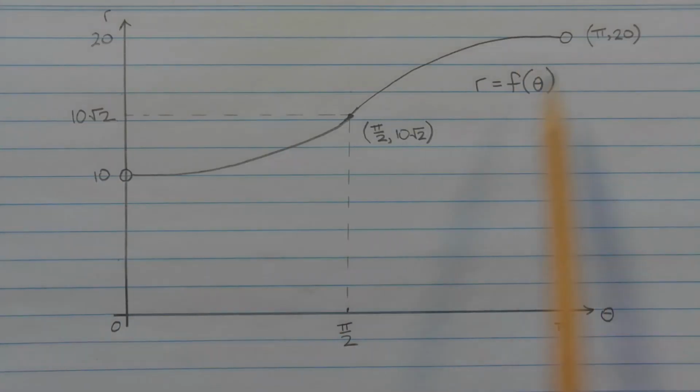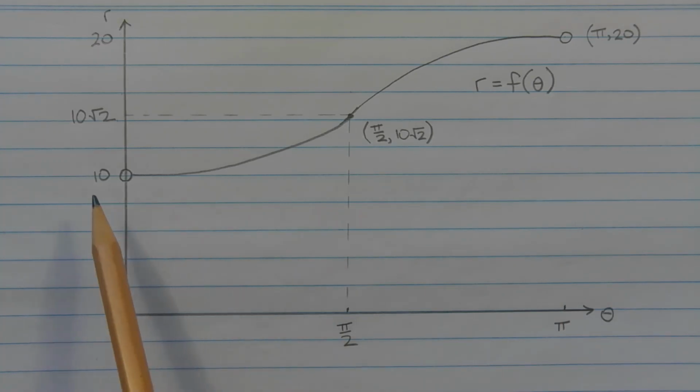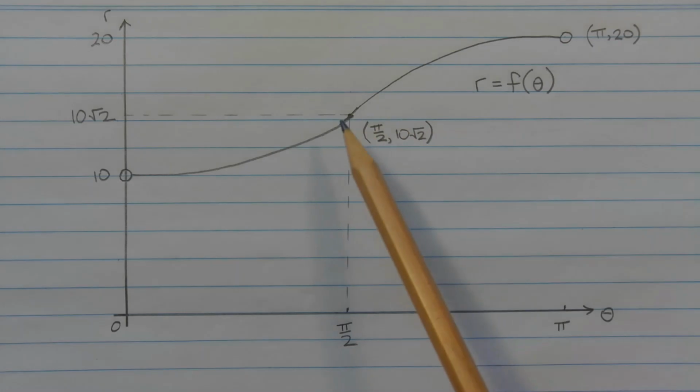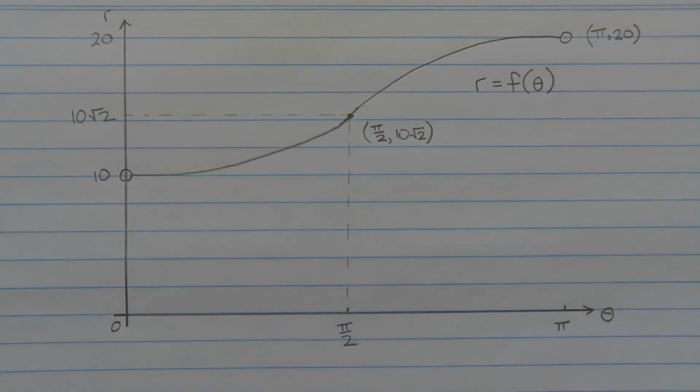Here is a sketch of the graph of the piecewise function r equals f of theta. Now, from theta between 0 and pi over 2, this is the function 10 sec theta over 2. And for values of theta between pi over 2 and pi, this is the function 20 sine theta over 2. Notice the open circles here and here.